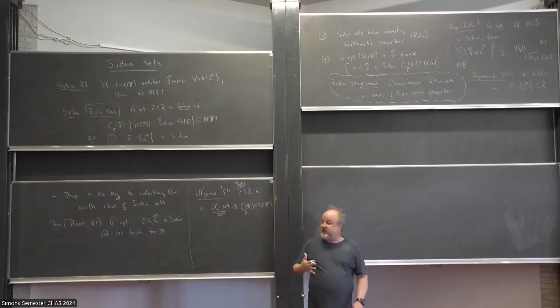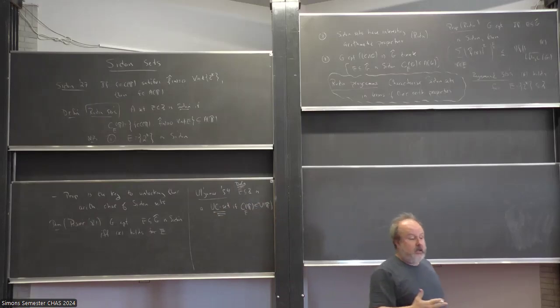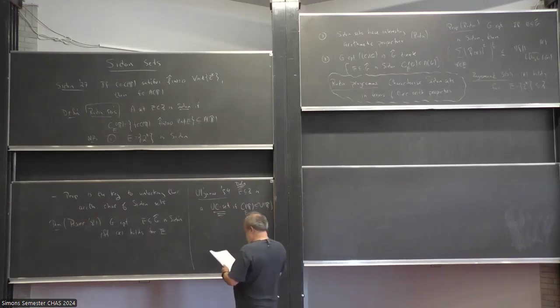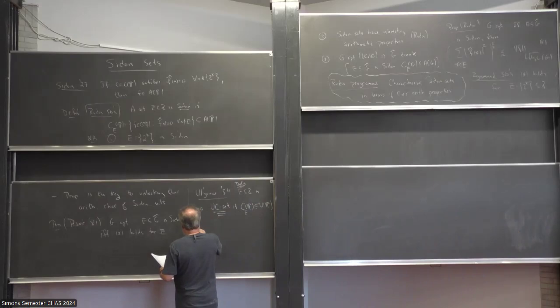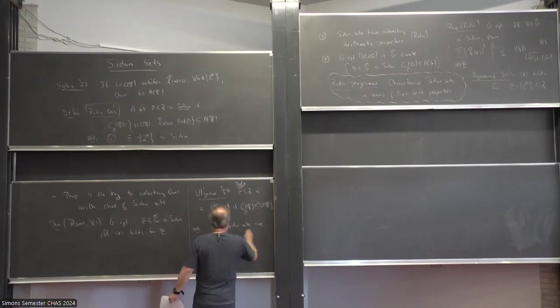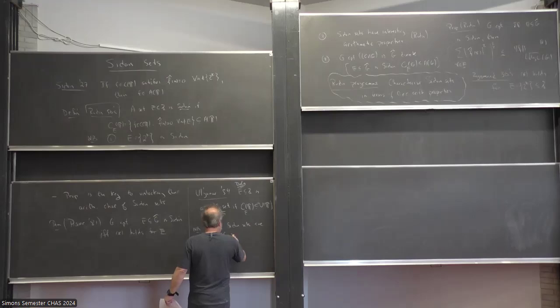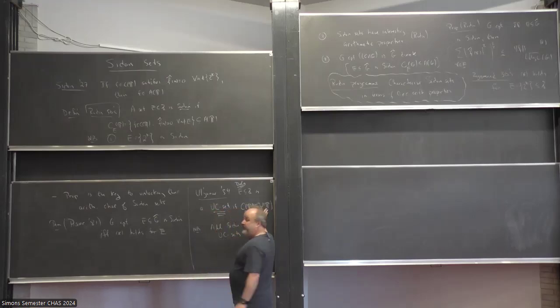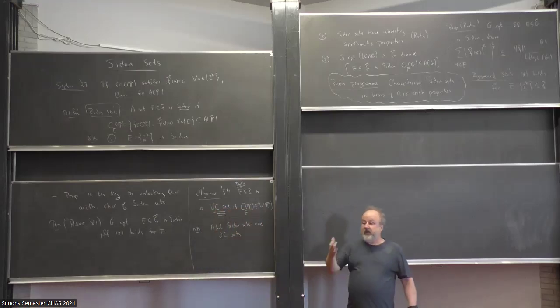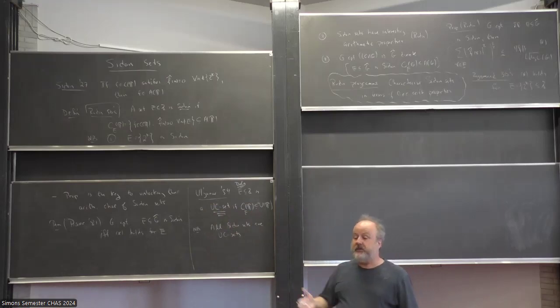Again, we relax the condition of absolute convergence to uniform convergence of the Fourier series. Right, okay, so note, of course, all Sidon sets are UC sets, because a Sidon set by definition automatically has an absolutely convergent Fourier series and therefore automatically has a uniformly convergent Fourier series.